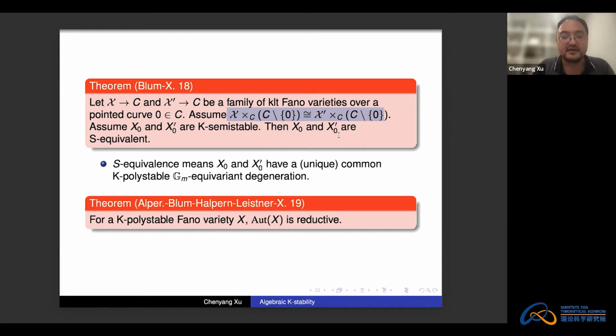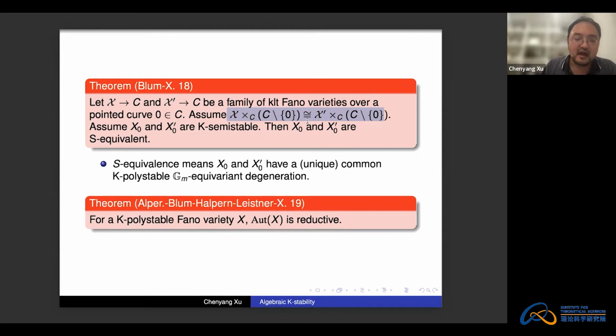That's easy. Basically, we just say X_0 and X_0 prime have a common GM-equivalent K-polystable degeneration. So X_0 and X_0 prime might be different, but they degenerate to the same K-polystable Fano variety through a GM degeneration. So that's what S-equivalent means. So the uniqueness holds in this sense.